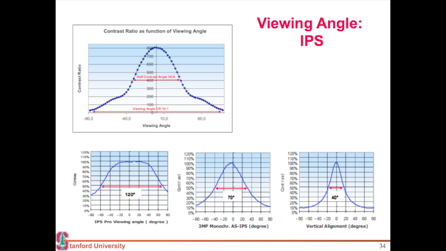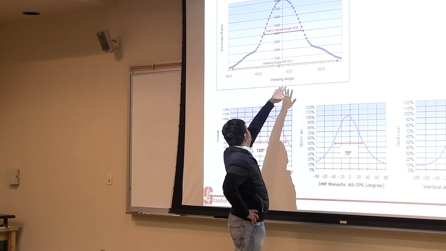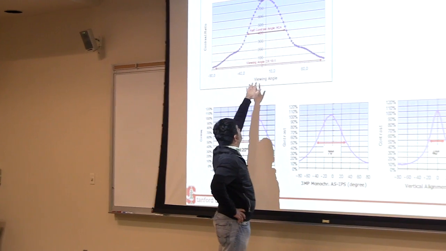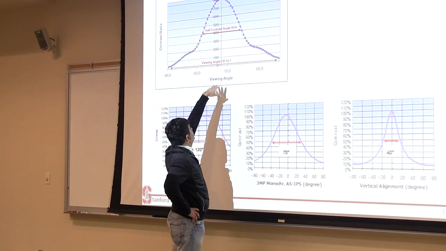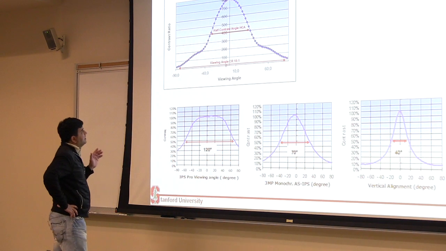If you look exactly normal to it, it has a contrast of 800 or a maximum of 1000. If you look at just 30 degrees away from it, that contrast reduces to 400. The minimum contrast you can distinguish is 10 to 1, but if you go below 400 to 1, your quality really degrades.